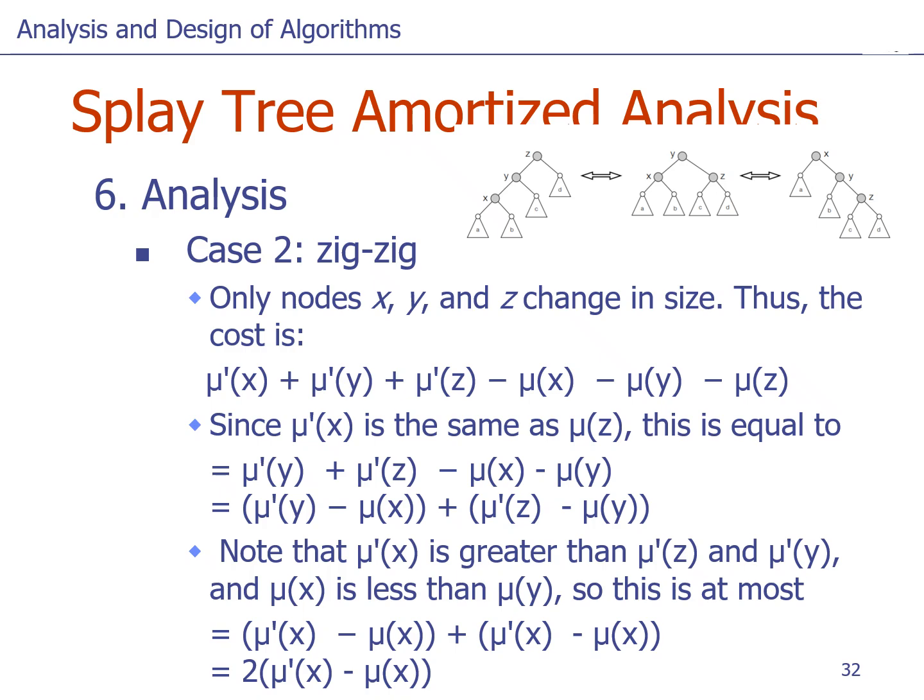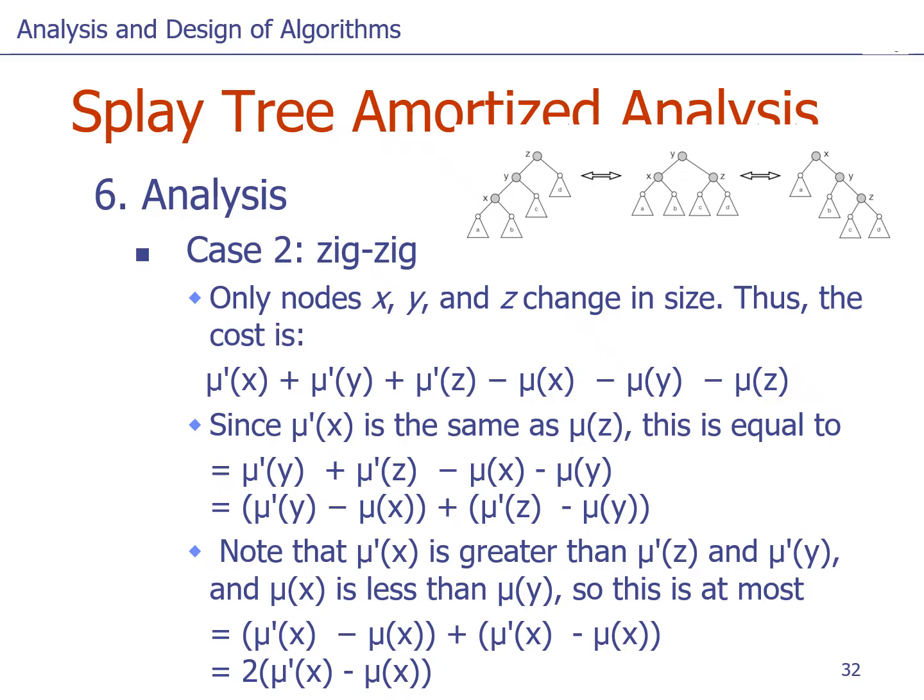So I can replace the following. Wherever there is mu of z, I can replace it with mu dash x. Okay? So this becomes mu dash y plus mu dash z plus mu of x minus mu of y.